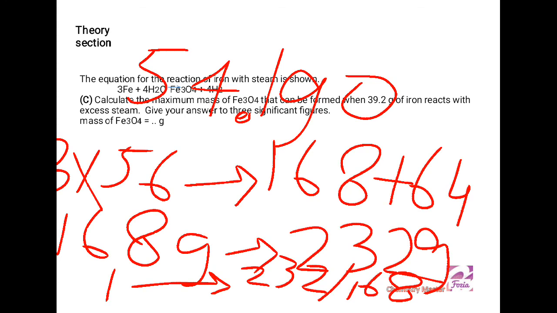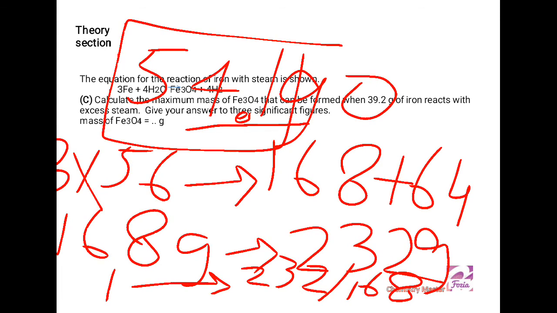Now the next task is to give your answer to 3 significant figures. Luckily we have our answer in 3 SFs, because the 5 is important, and the 4 and 1 after the decimal are also important in the result.